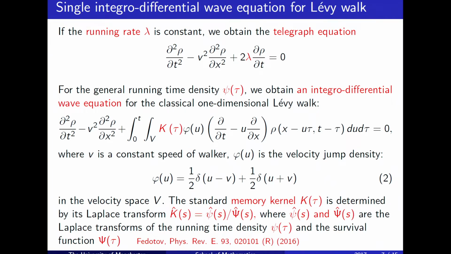But instead of this simple term relating to friction, we have a very complicated operator involving the memory kernel, and the memory kernel can be defined through the Laplace transform of the running time distribution. And again, I'm not going to give you details. If you're interested, this is a paper in which that equation is solved in a particular case.